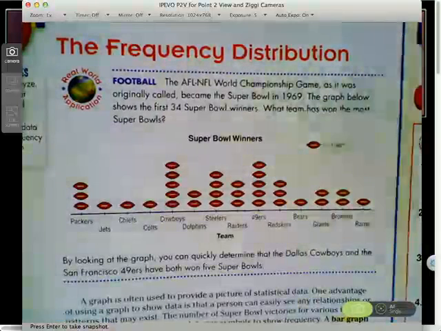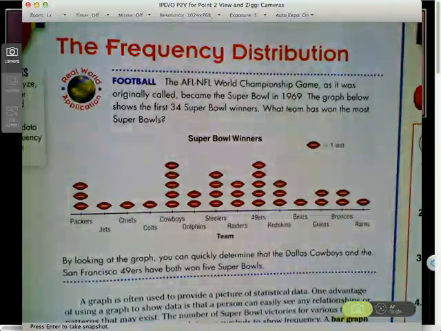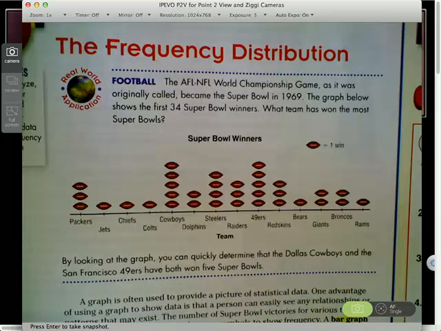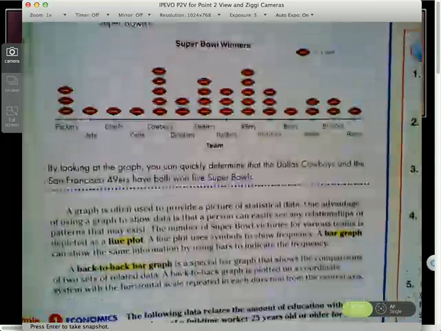And you can tell by looking at this, if I asked which team had the most Super Bowl wins, Patriots. You could see that it was a tie between the Cowboys and 49ers. Different things like that. And you can see the frequency at which each team has won over this period of time. All right, so this is called a line plot.